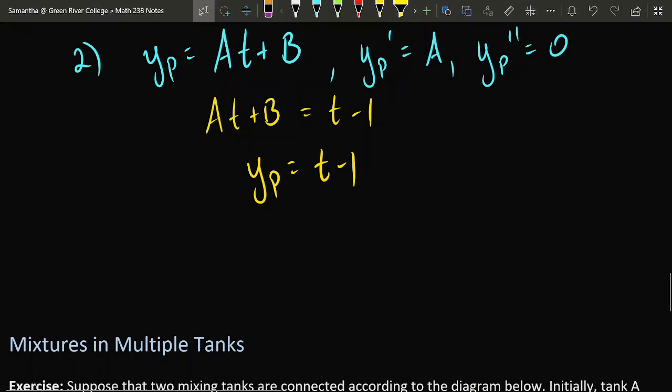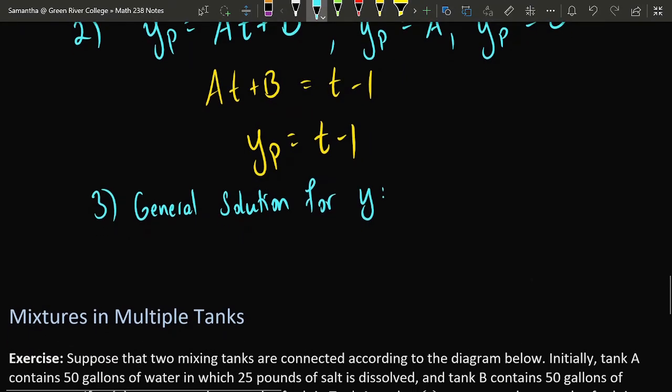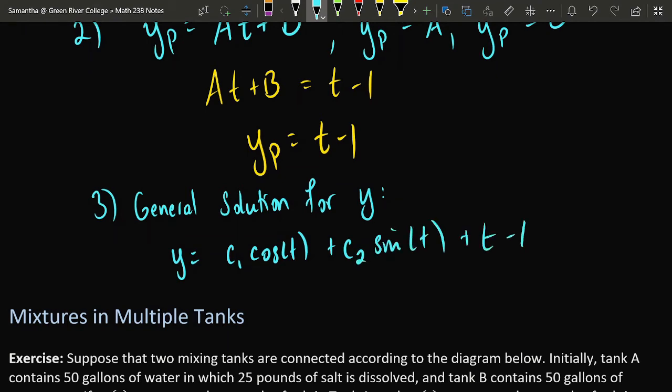So with that, we now have a general solution for y. The general solution for y is that y is equal to our complementary solution plus our particular solution.